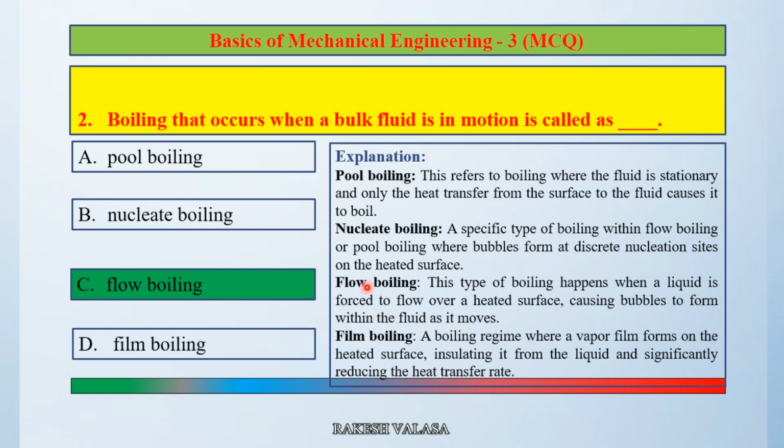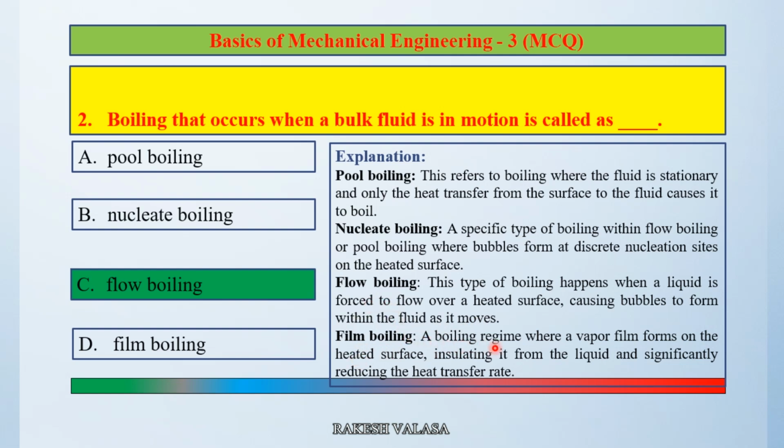Third one is flow boiling. This type of boiling happens when a liquid is forced to flow over a heated surface, causing bubbles to form within the fluid as it moves. That means the fluid is in motion. Fourth one, film boiling.